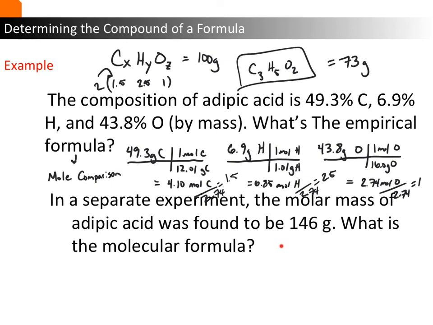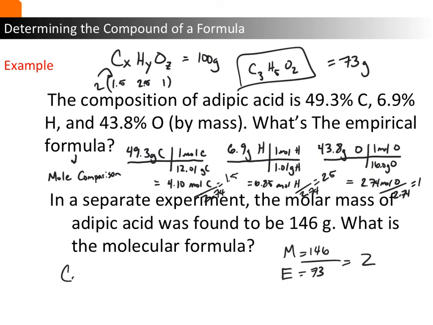If the molecular is 146 grams and the empirical is 73 grams, then if you divide those two, you get a 2-to-1 ratio.